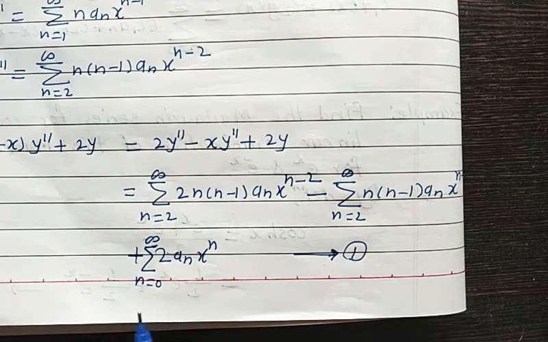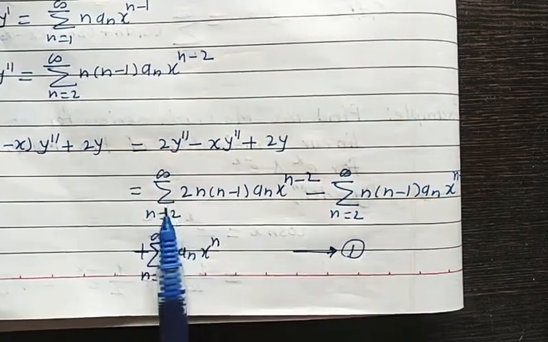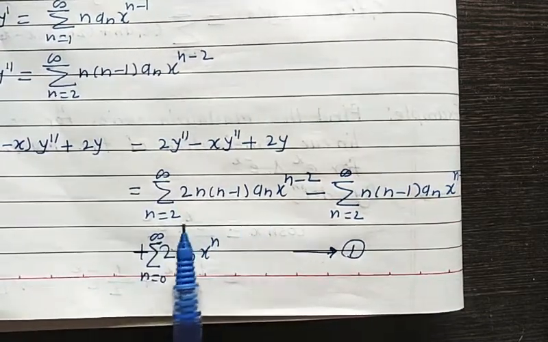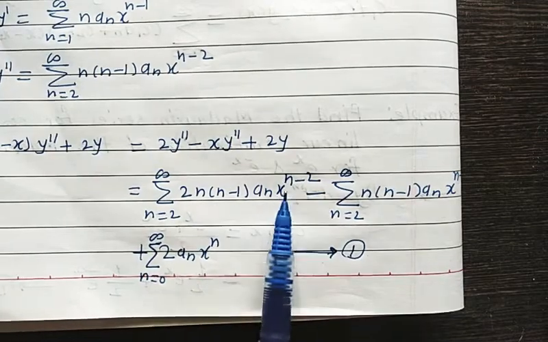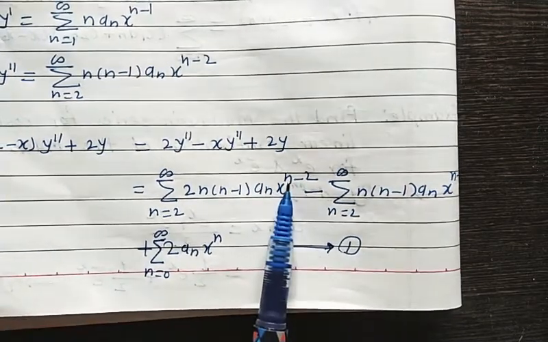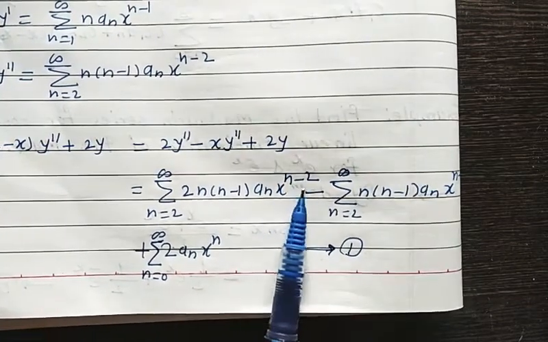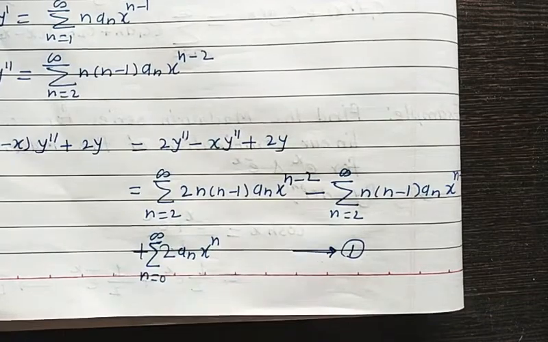So we shift that. So here, now here n is 2 to infinity. If we want x raised to n, what do we need? We need to replace n by n plus 2. So everywhere we replace n by n plus 2.